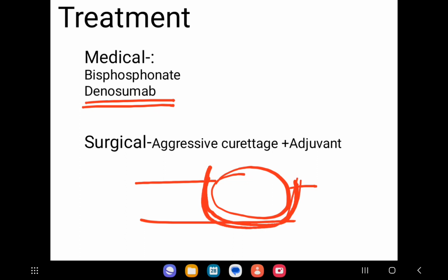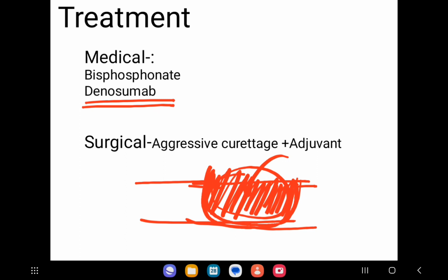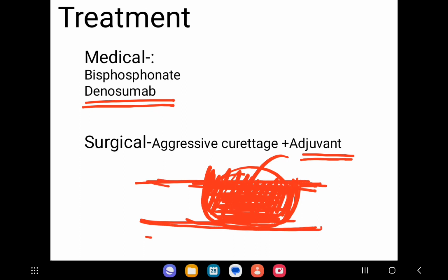After removing this, we put some bone cement, or we can say bone graft, to fill this gap. This will completely make a structure, or sometimes we do resection and reconstruction of the bone as well.